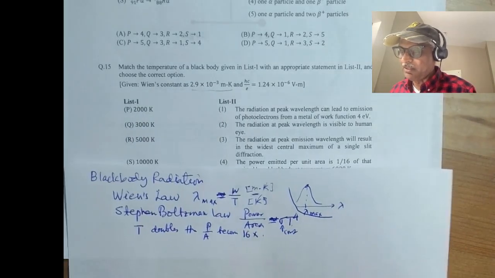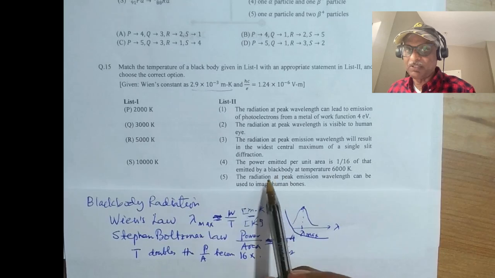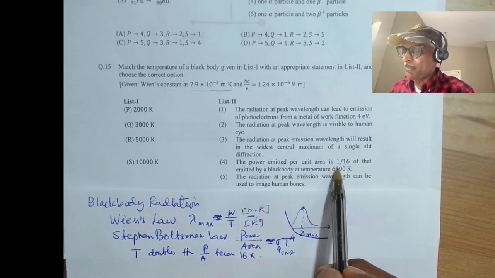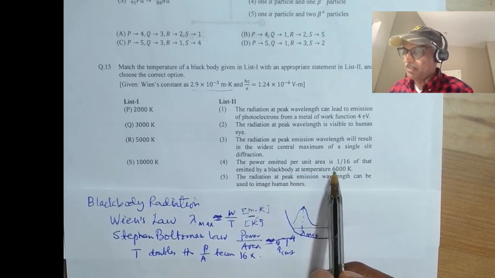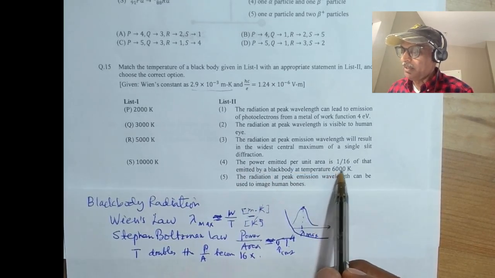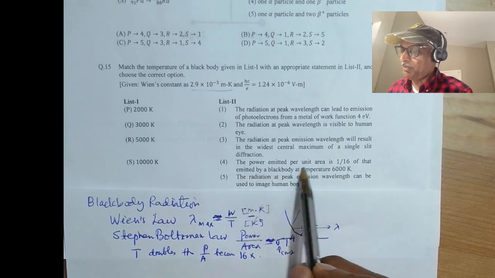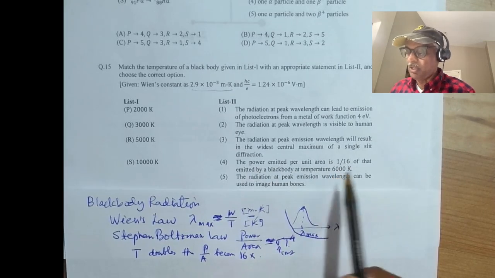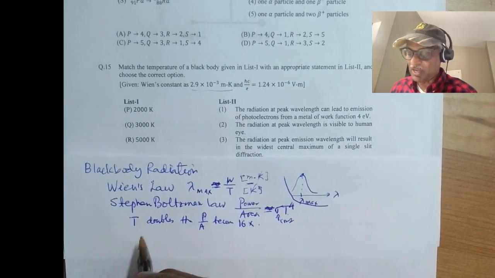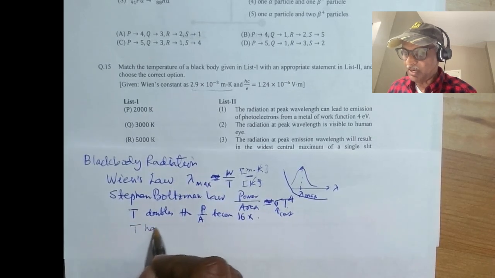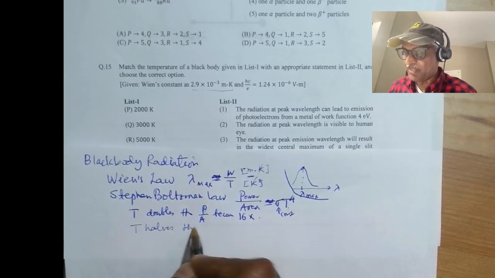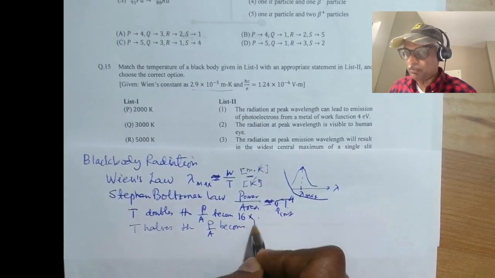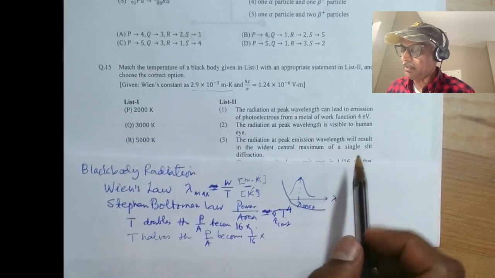Knowing that, if I look at the list of things I have to compute, number 4 is really about the Stefan-Boltzmann law. It says the power emitted is 1/16 of that emitted. So if temperature halves, then P over A becomes 1/16, and that's exactly what that is.